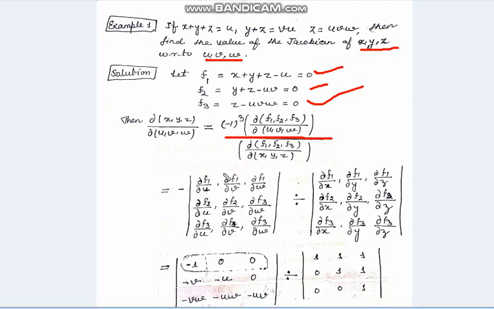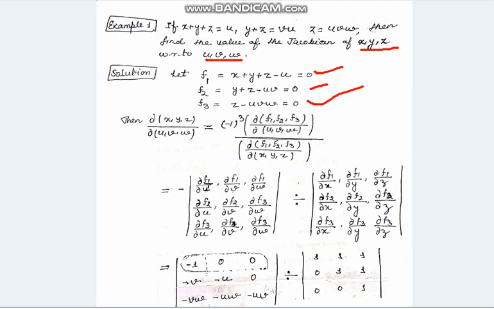Now we know that minus 1 to the power 3 gives us a minus value, and the Jacobian of f1, f2, f3 with respect to u, v, w is calculated by this formula. Similarly, the Jacobian of f1, f2, f3 with respect to x, y, z is calculated by this formula.